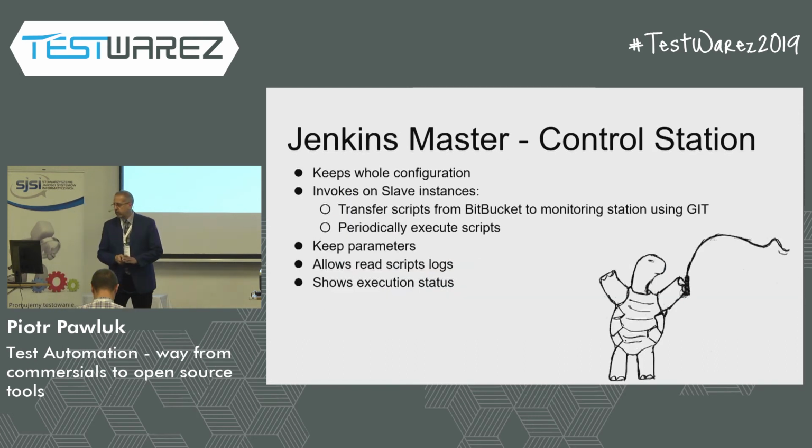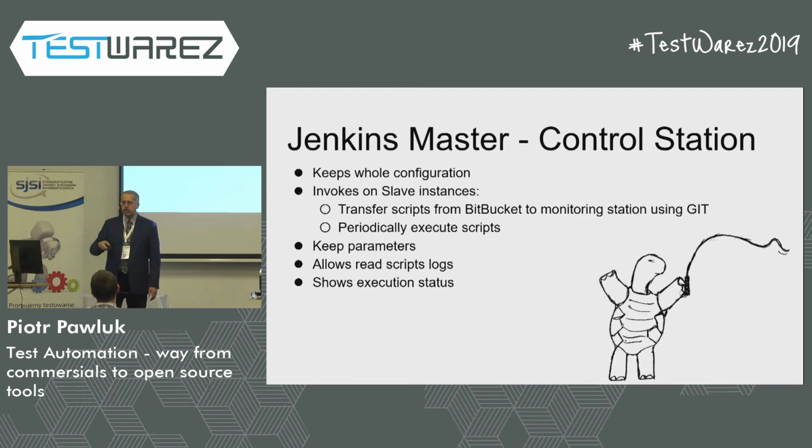Okay, what was going on in Jenkins, on master? So it was the control station for us, so we can keep the whole configuration here. Of course, Jenkins involves actions on slaves. So we had two actions for each application. One was to transfer the script, so something like install, transfer scripts from Bitbucket and apply all compilations, things like this, and periodically run the script.